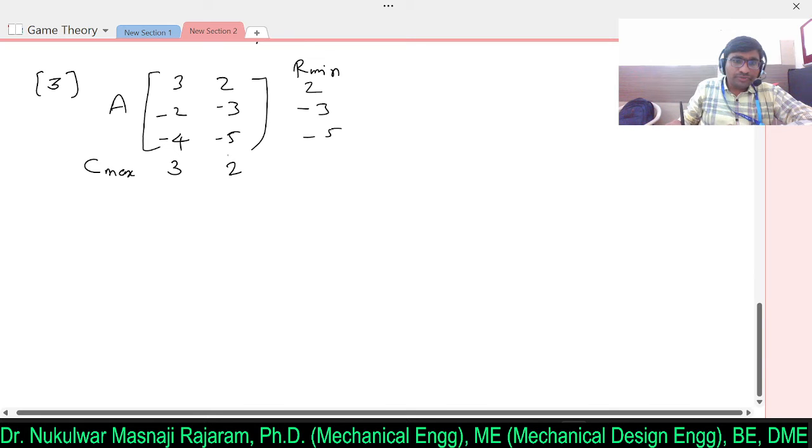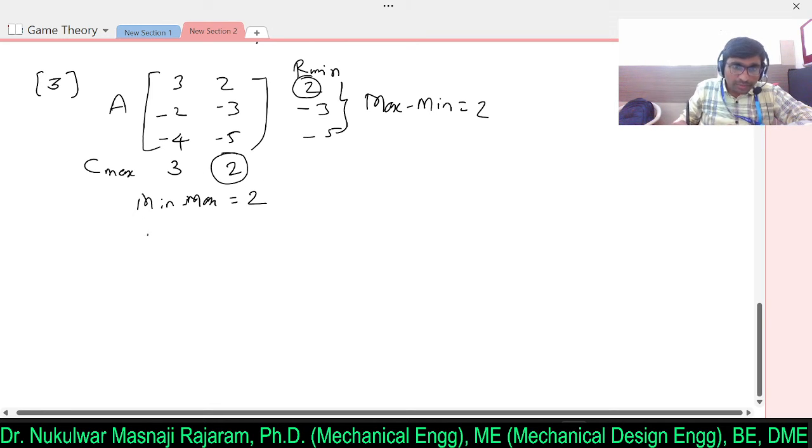Now here if you observe, these two are equal to this one. So if I evaluate max-min, the maximum value from these minimum values is 2, and min-max, the minimum value between these two is 2.